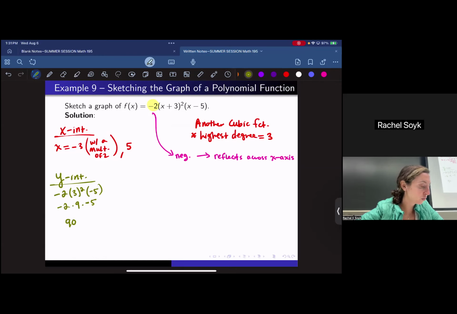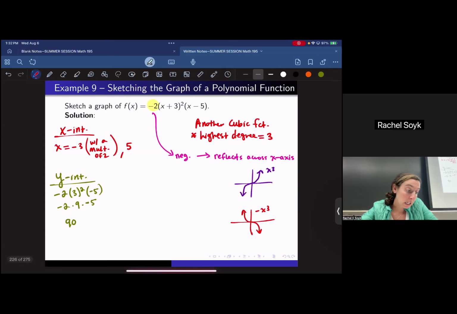And cubic function, let's draw out regular x cubed. And then now let's draw out the reflection of it, because we're going to be looking at the reflection one instead, which tells us that our end behavior is as x goes to -infinity, y shoots up to +infinity.